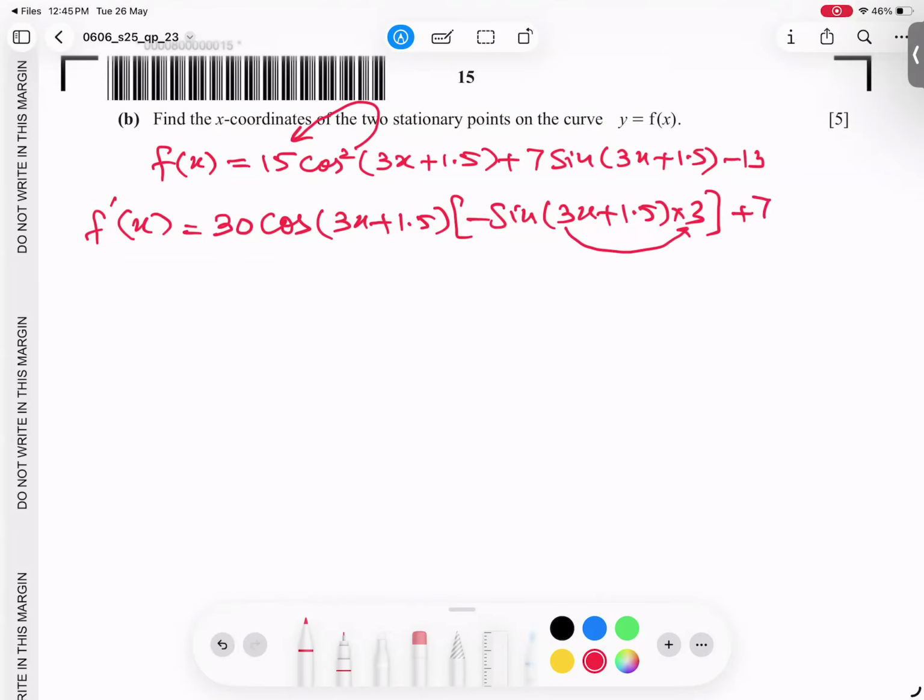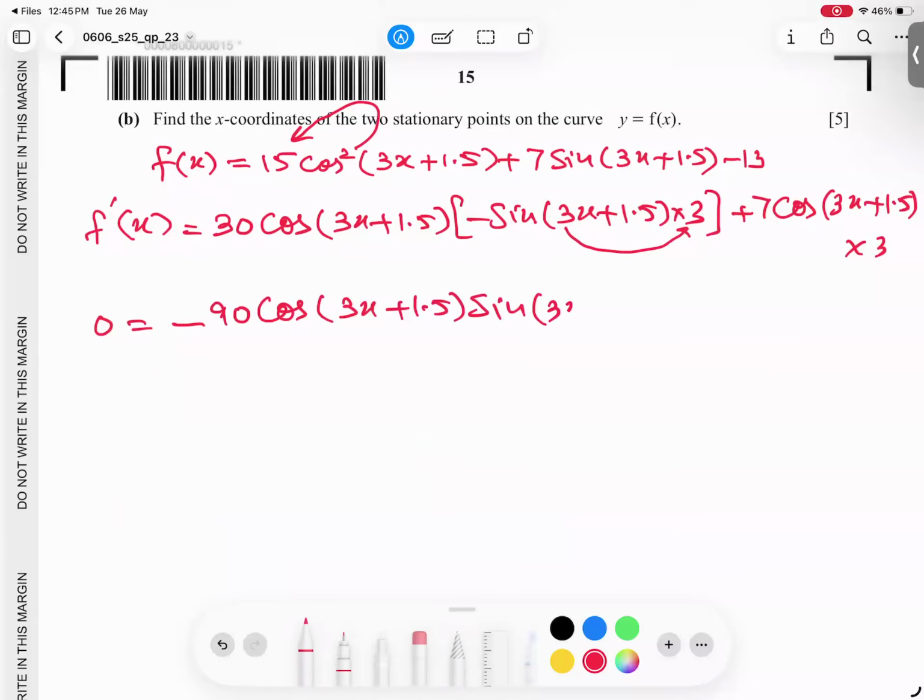So 7 cos 3x plus 1.5 into 3. This 3 is again the angle's derivative. The derivative of the constant is 0. So negative 3 into 30 gives us negative 90 cos 3x plus 1.5 into sine 3x plus 1.5, and plus 21 cos 3x plus 1.5.